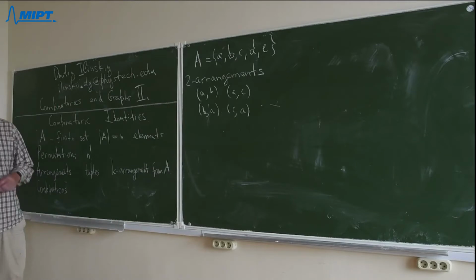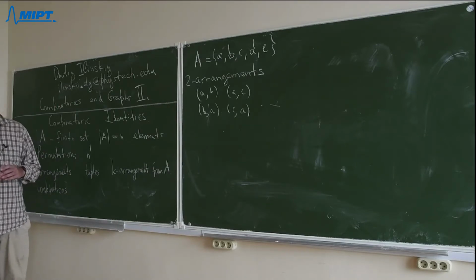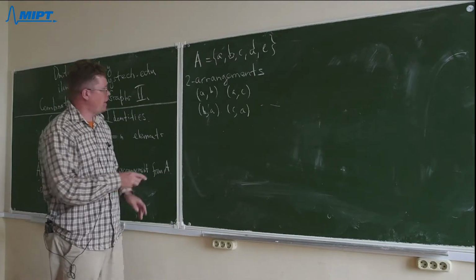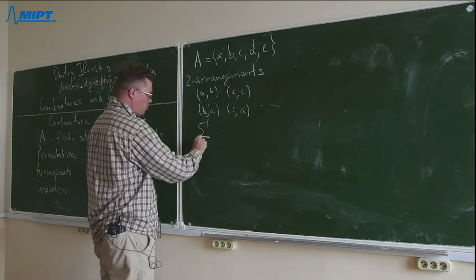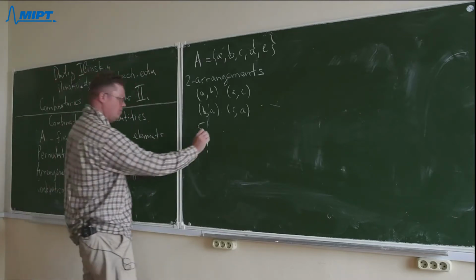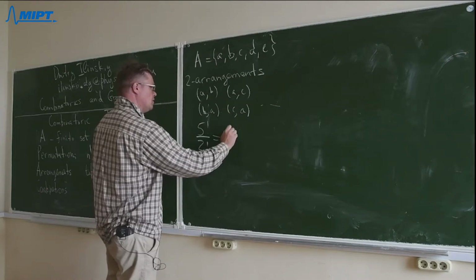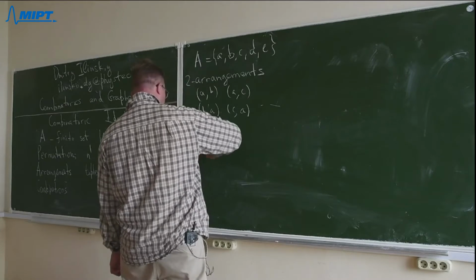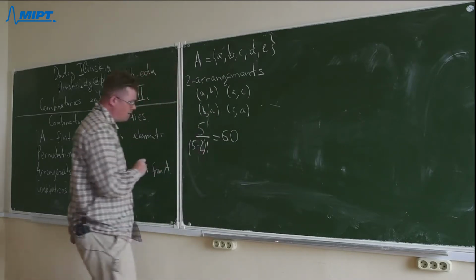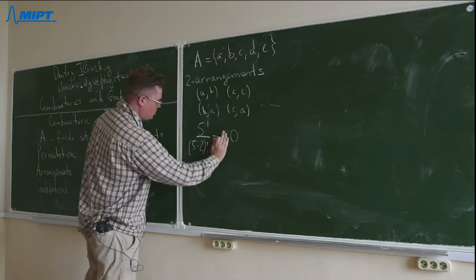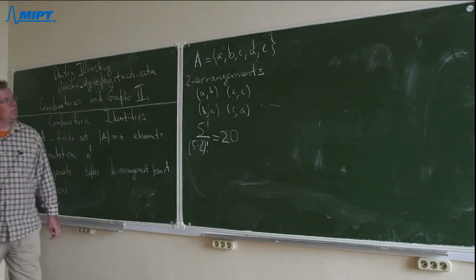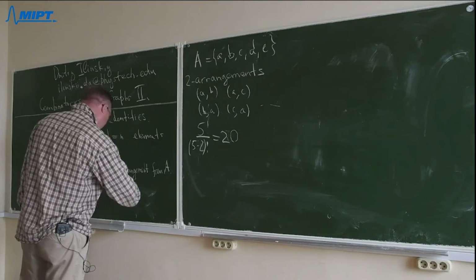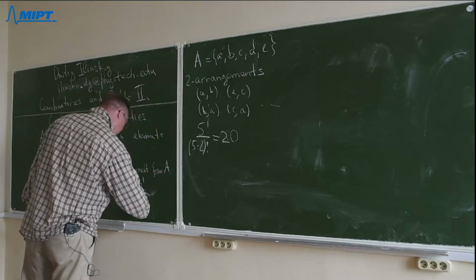How many can you get? It will be 5 factorial over (5 minus 2) factorial, so it will be 20. And the formula for A(n,k) is n factorial over (n minus k) factorial.